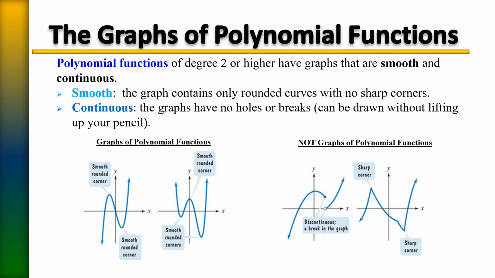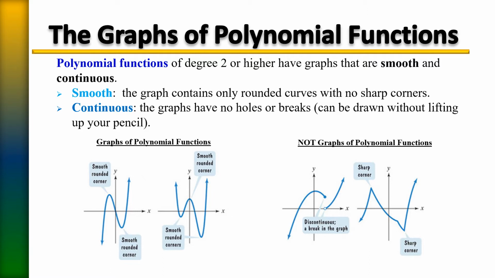And continuous means that if you were to try to draw the graph from left to right with your pencil, and you can draw it without lifting up your pencil, then that graph is said to be continuous. It has no holes or breaks in it, such as in figure 1 of the graphs, the two graphs that you see demonstrated below.